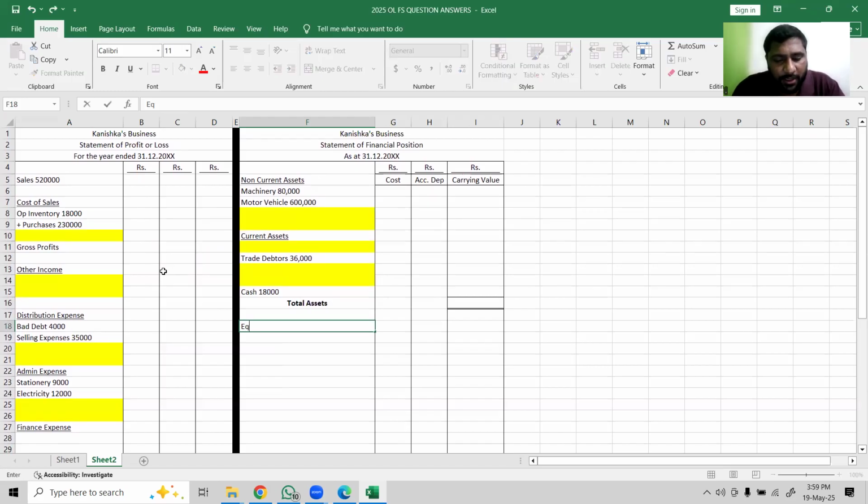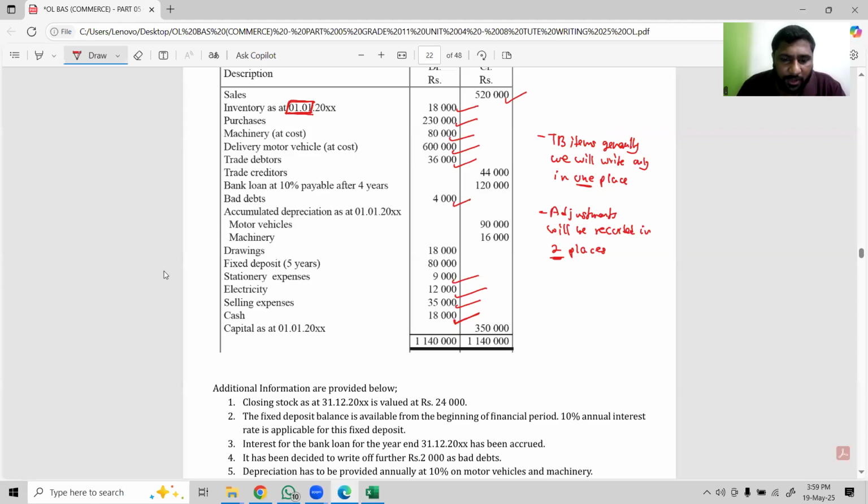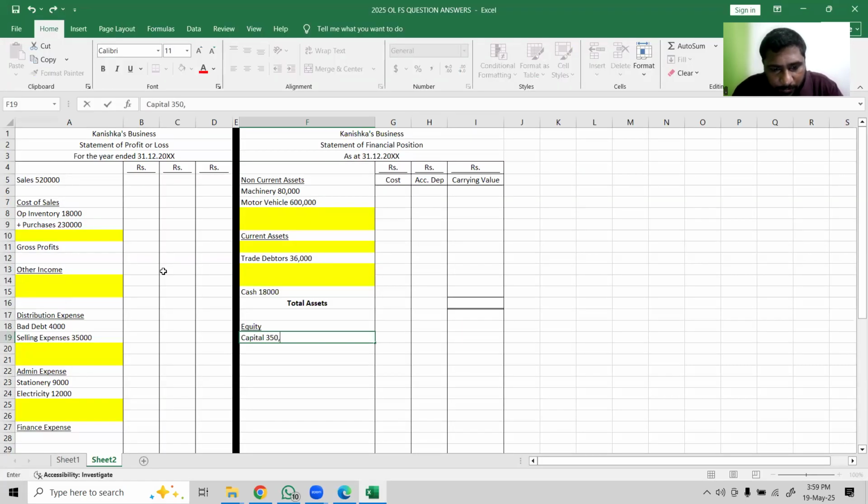Then we should go for the equity. Equity capital is the first item. So capital they have given 350,000. Then we have to record whatever the drawings, additional capital, and the net profits.